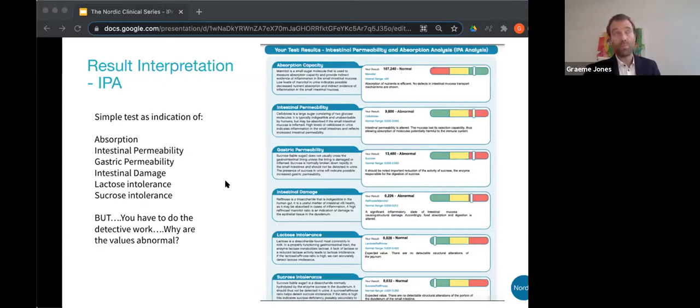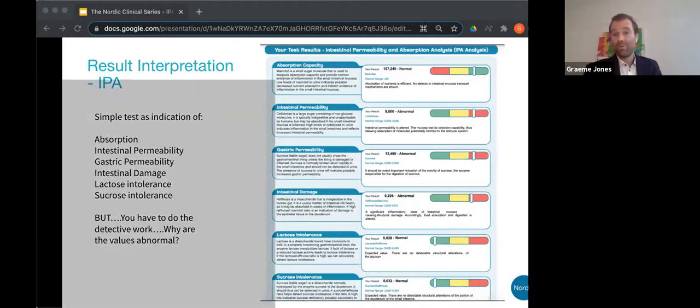Remember that patients can respond differently to different foods, so often we'll be using continuous glucose monitors to look at that. Other factors like stress level can also affect intestinal permeability.